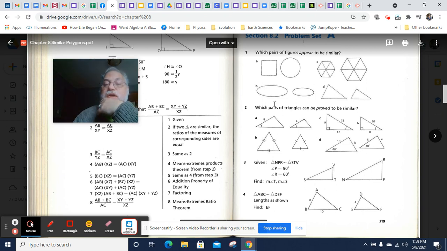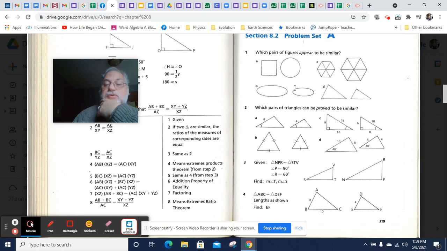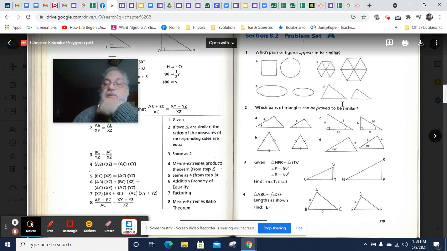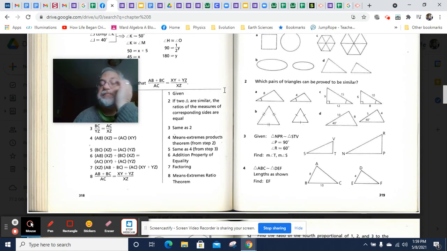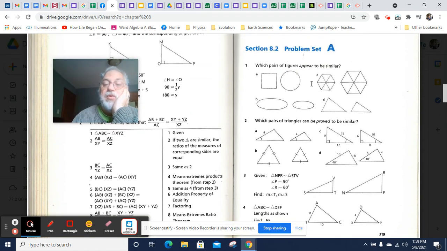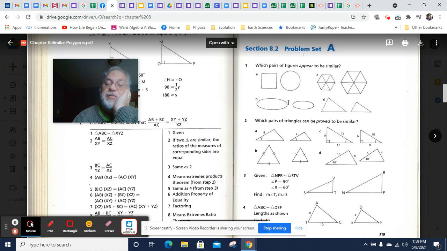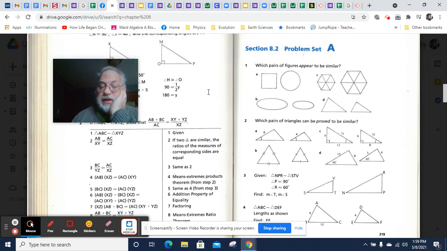And what you're looking for is, do they scale up and down, have the same angular relationship? There's only one set here that definitely appears not to be similar. They have to have the same corresponding angles, or actually the same corresponding curvature will do the same thing. All circles happen to be similar to each other because they all have the exact same curvature.